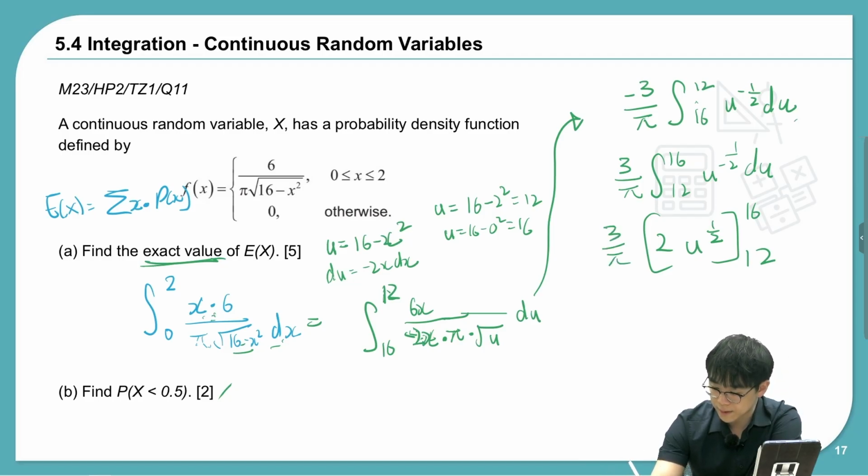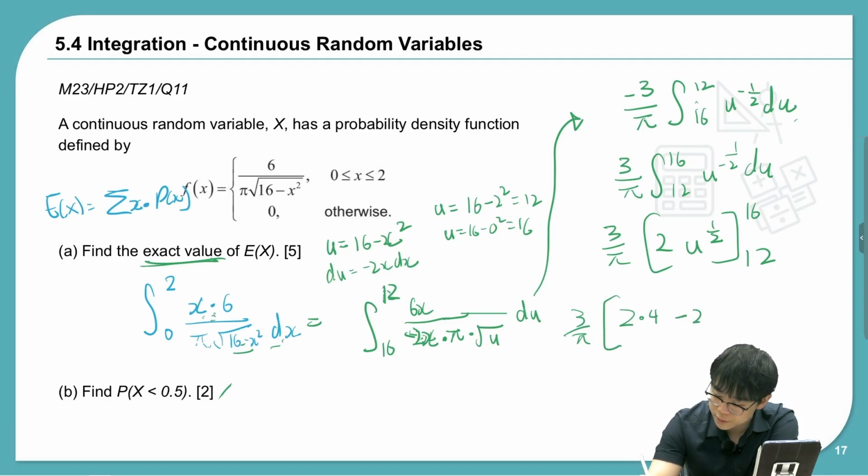If we put in 16 here, we would get 2 times 4, and 3 over pi comes here. And then minus 2 times the square root of 12, which would be 2 root 3. Calculating all that, we get 24 over pi minus 12 root 3 over pi.